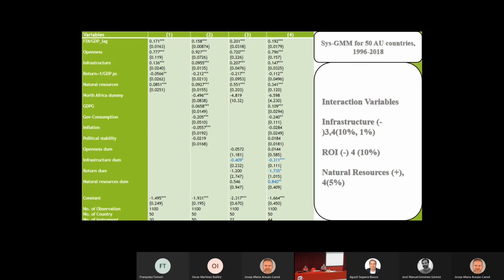The fourth is the robust one, the whole model. The model is also good for the Hansen test and the instruments, which are less than the number of groups according to Roodman, so everything is good for the model.